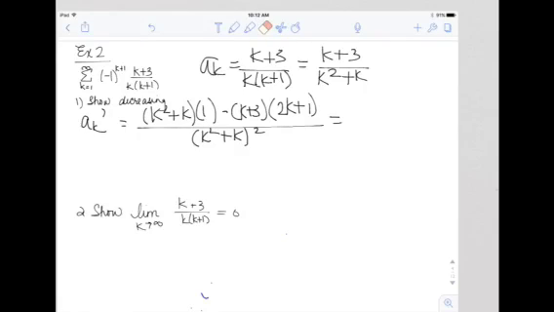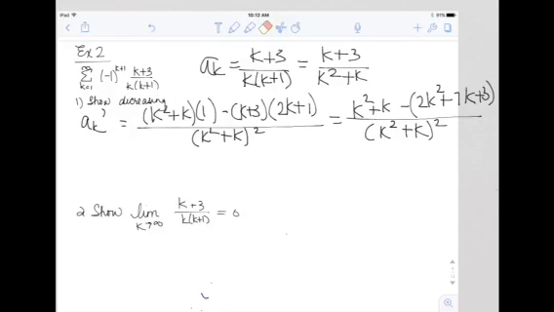And now, lots of fun doing some algebra. k squared plus k times 1 is just k squared plus k, minus k plus 3 times 2k plus 1 will give us 2k squared plus k plus 6k, which is plus 7k, plus 3, over k squared plus k, the whole quantity squared.